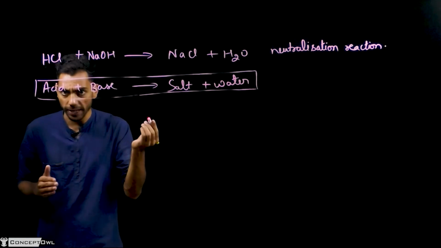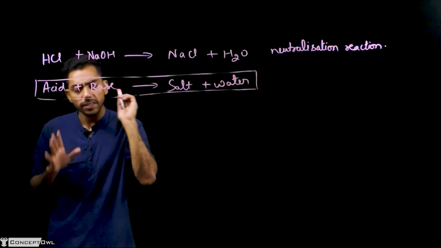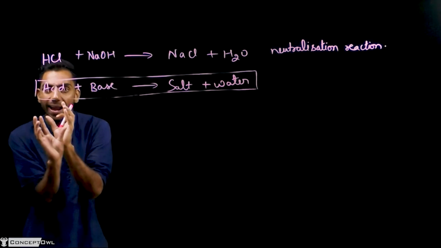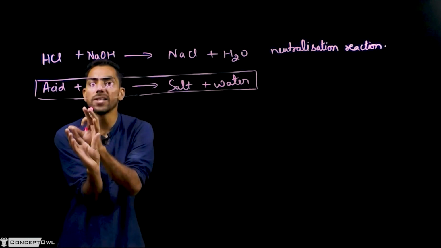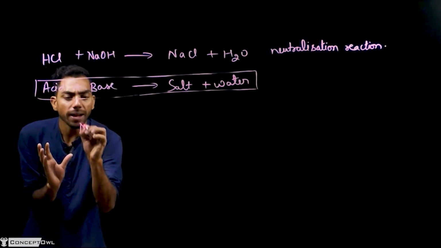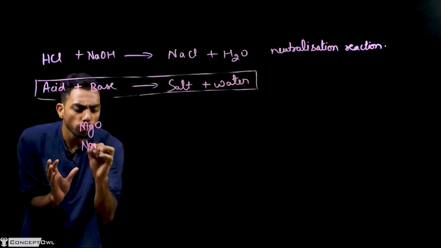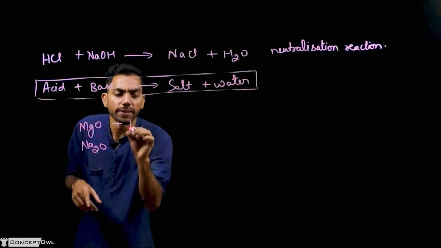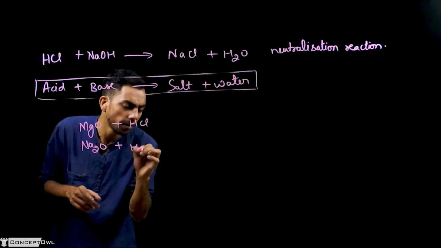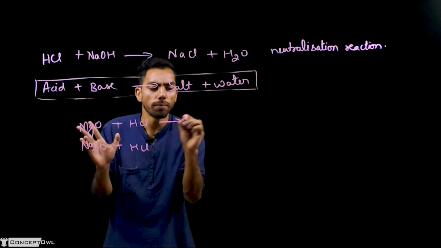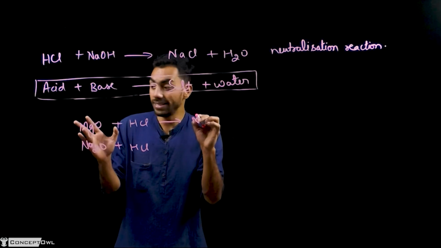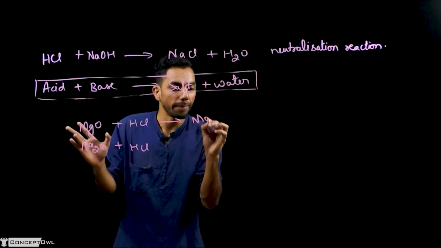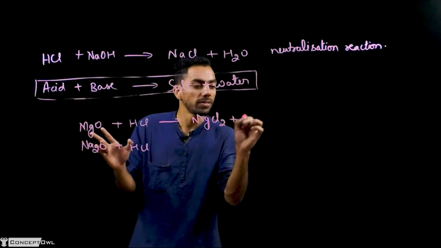If we have metal oxide, what is metal oxide? You just need a metal, and with the metal you have oxygen, that is known as metal oxide. For example, MgO, Na2O. And when this metal oxide reacts with acid, they form MgCl2 plus H2O.